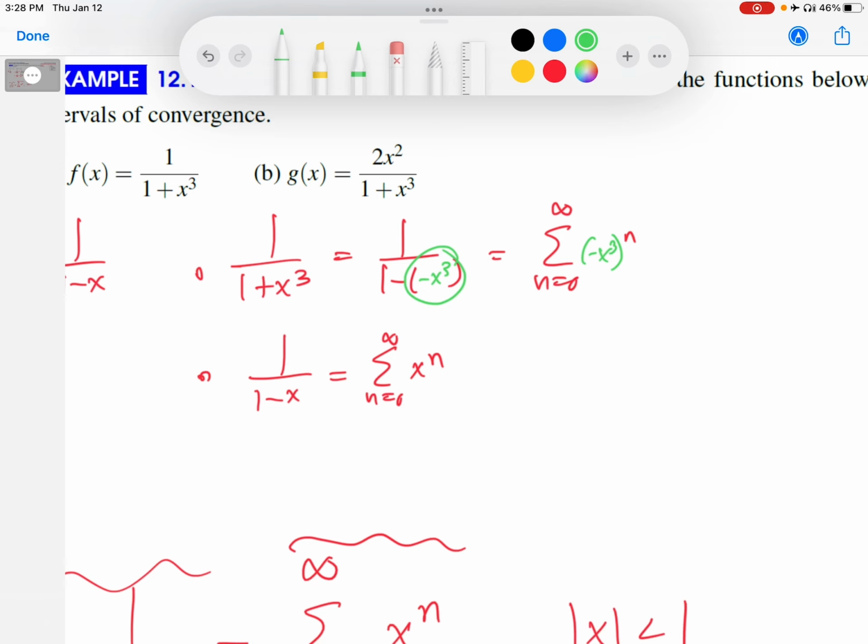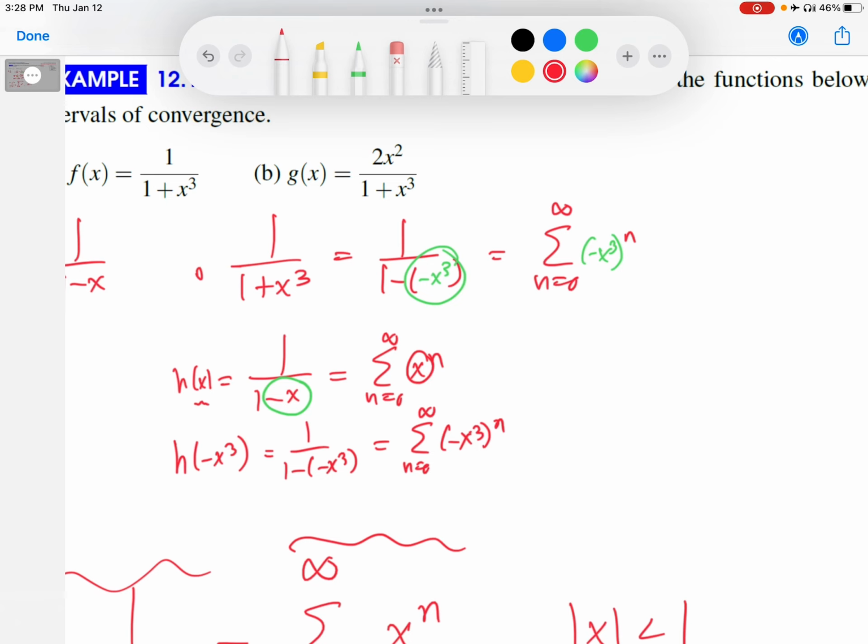And then you say, oh, let me plug in negative x cubed. So let's call this h of x equals that. So now let me plug in negative x cubed wherever I see an x. So that's 1 over 1 minus negative x cubed. It also gets plugged in over there because that has an x, negative x cubed.